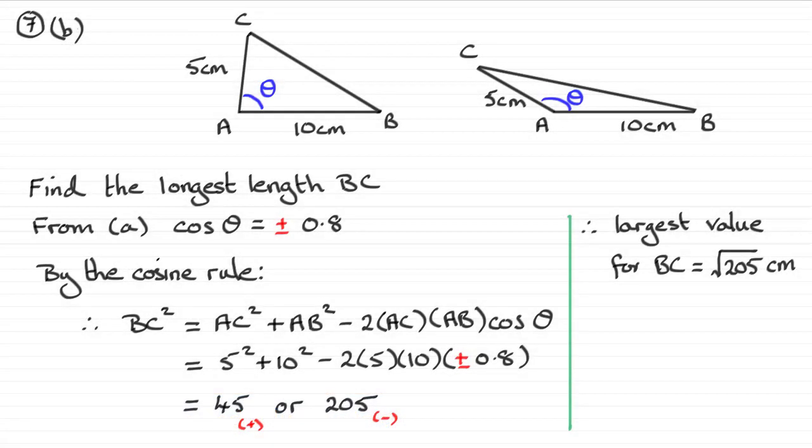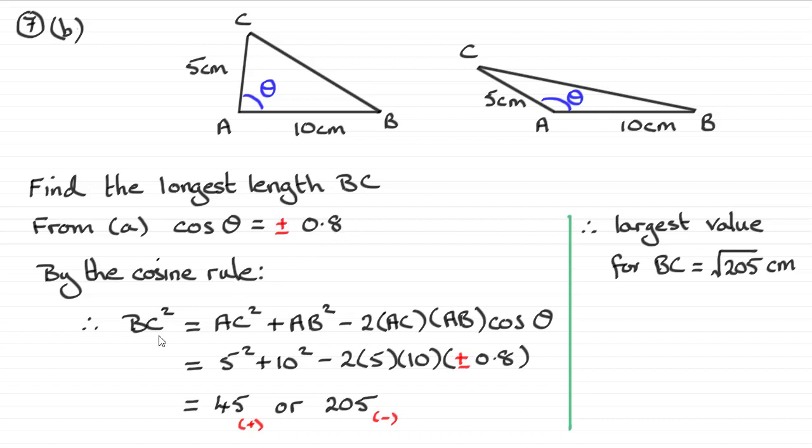So in this question, 7 part B, we're asked to find the longest length BC. And to do this, what we can use is the part A value for cos theta. It was plus or minus 0.8. And what I'm going to use is the cosine rule.